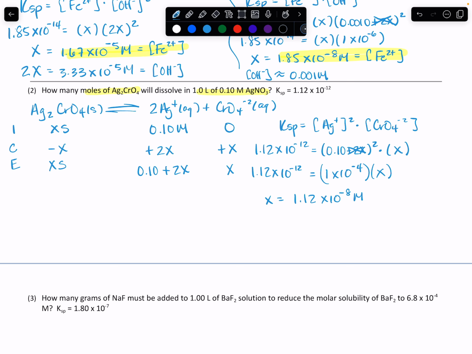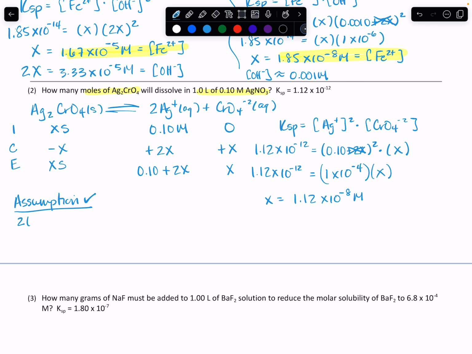Again, if you want to check if your assumption is okay, let me do this off to the side just so you can see it once. I'm going to take what I ended up getting.